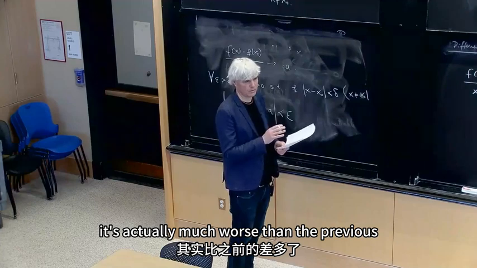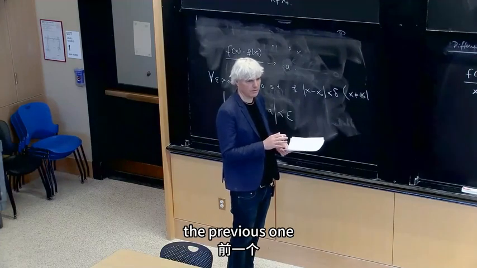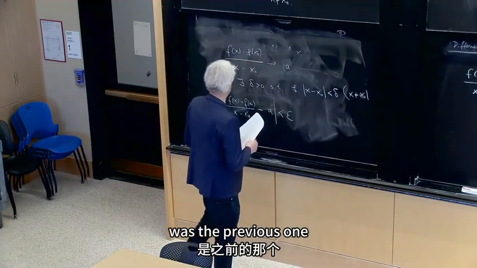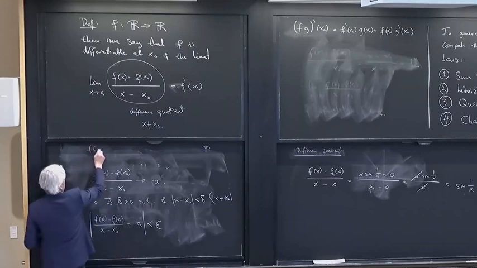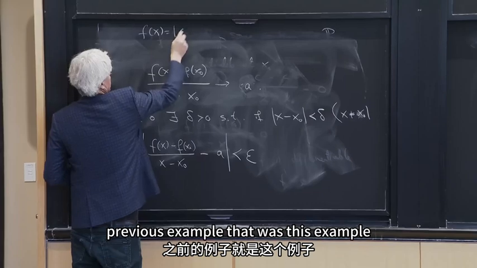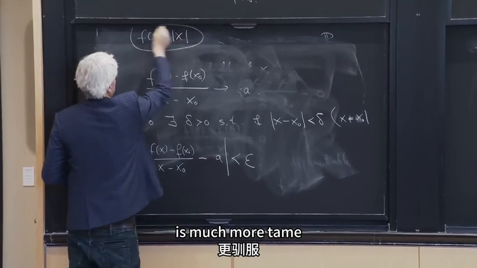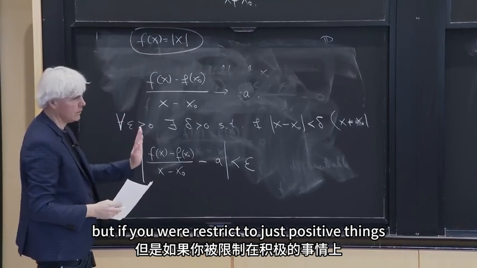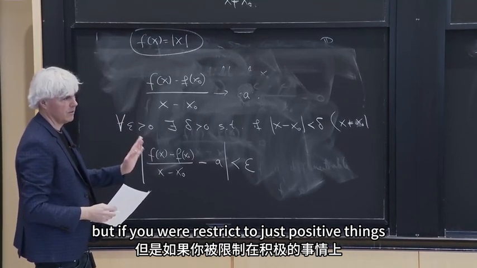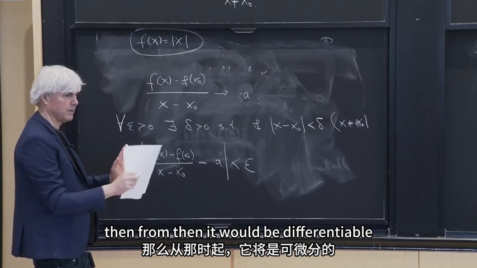It's actually much worse than the previous example; the previous one is much more tame. It is not differentiable at 0. But if you were restricted to just positive things, then it would be differentiable.